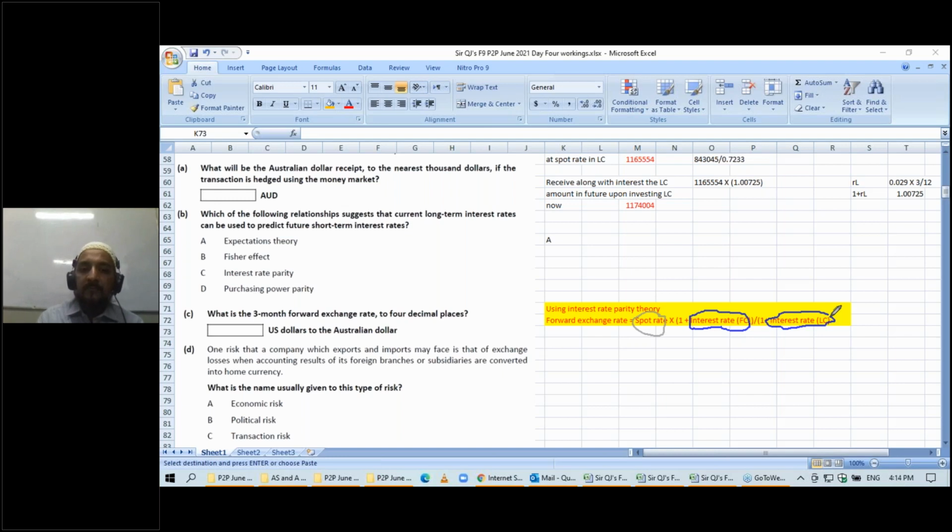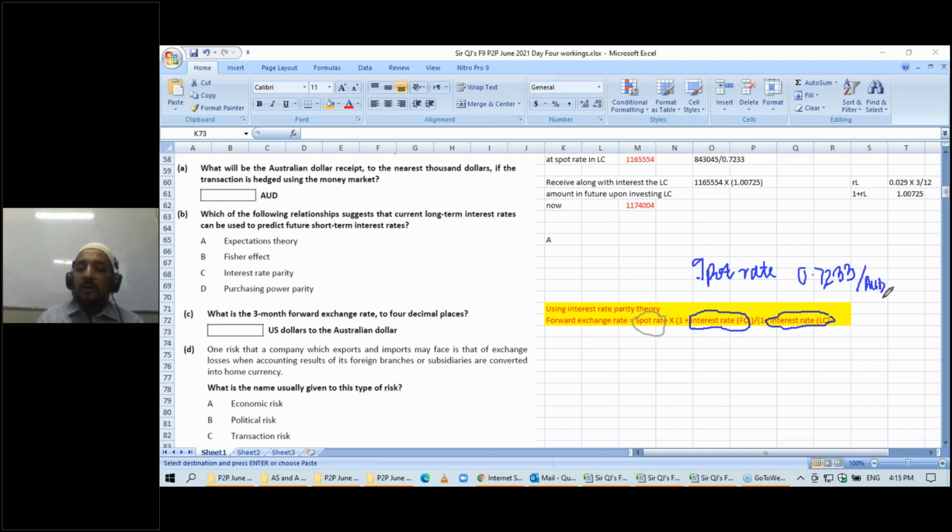Now this is similar to our spot rate. Our spot rate is written like this. In this question, the spot rate is 0.7233, and this 0.7233 is the rate of the Australian dollars, AUD, right?